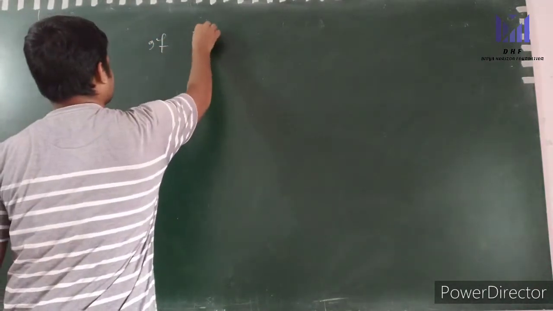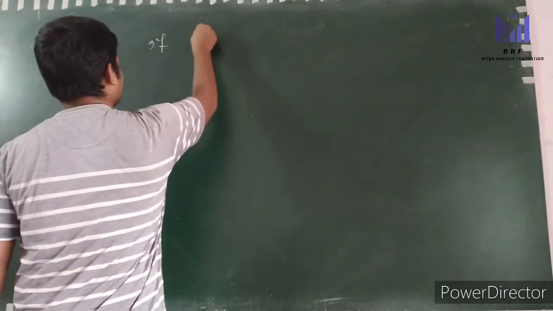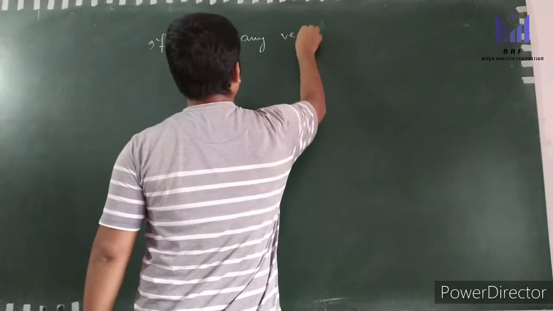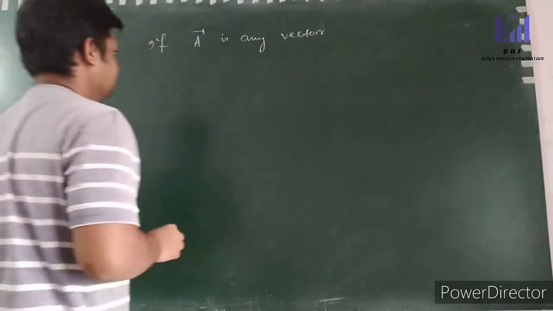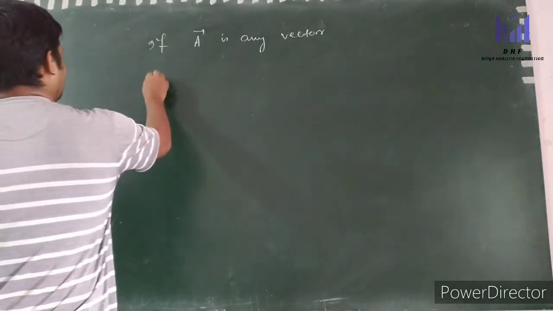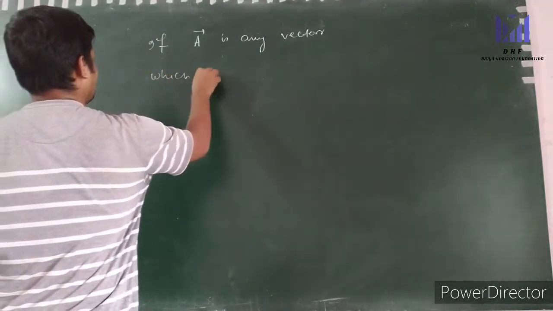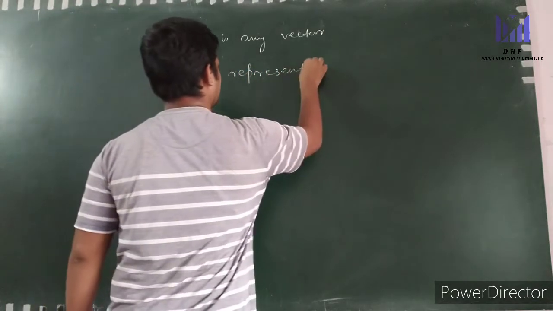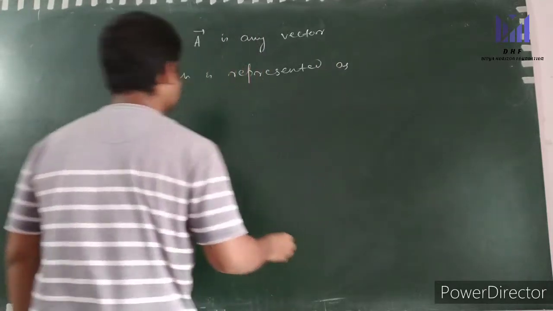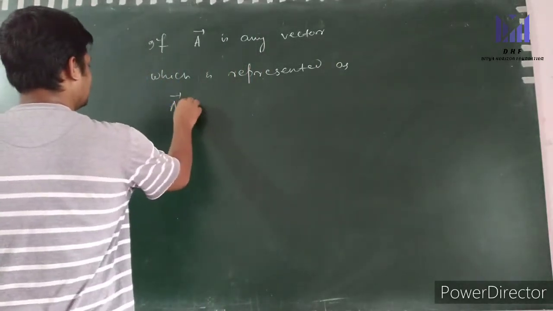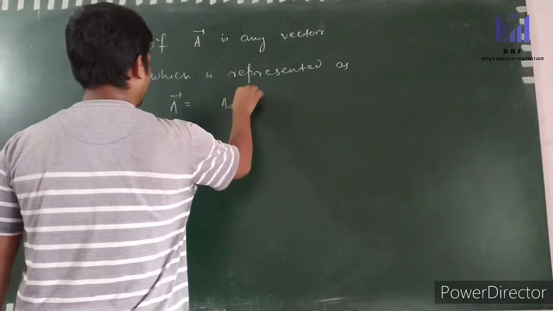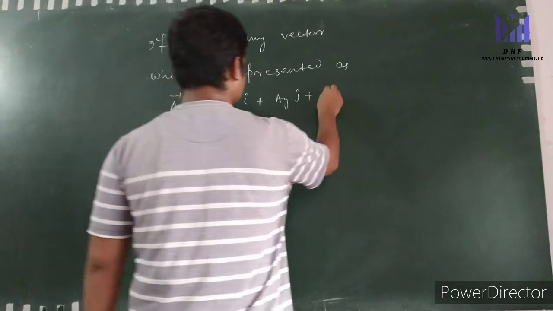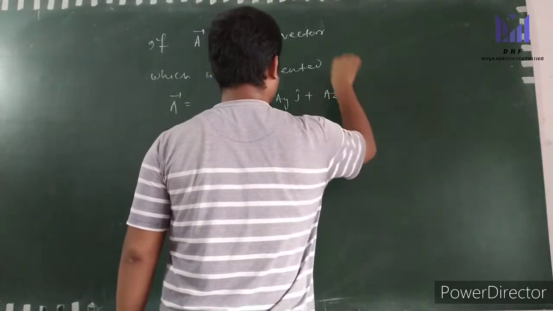If A is any vector, which is represented as a vector equal to ax i cap plus ay j cap plus az k cap.